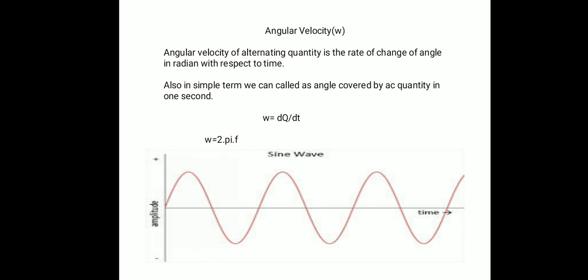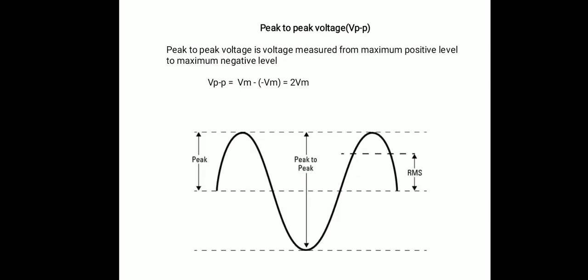So omega is equal to 2 pi f. 2 pi is the one cycle angle, that is 360 degrees or 2 pi radians, and f is the number of cycles completed. So one cycle angle into the number of cycles gives us the angular velocity. The angle covered by that waveform in 1 second gives us the angular velocity.